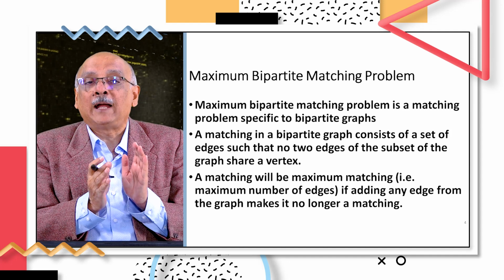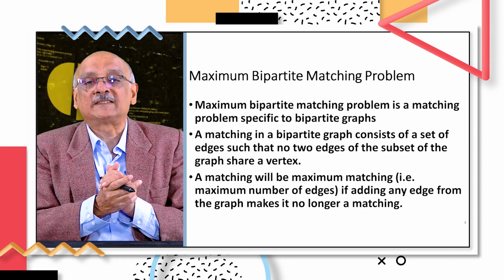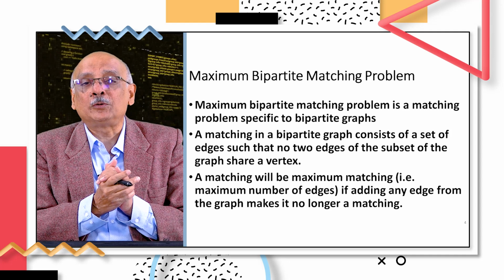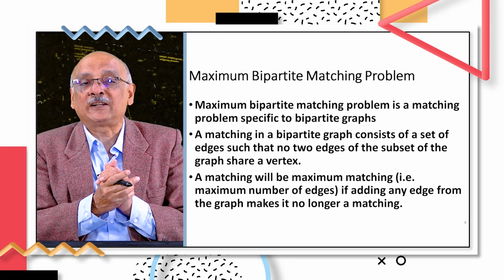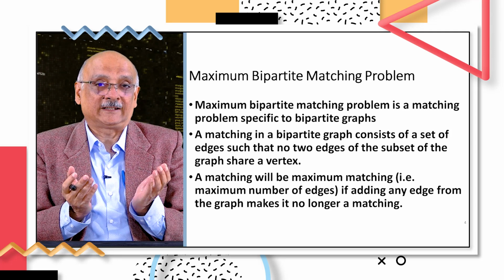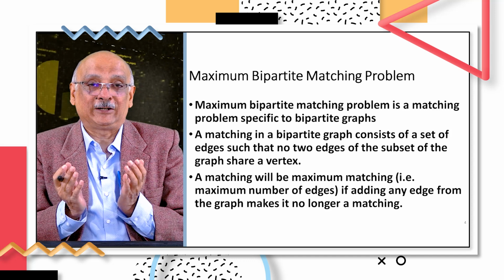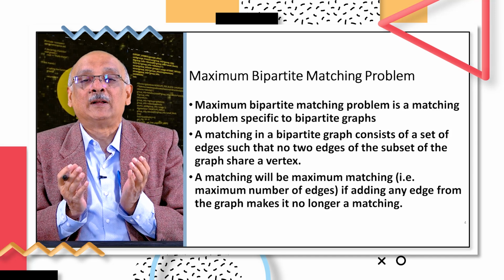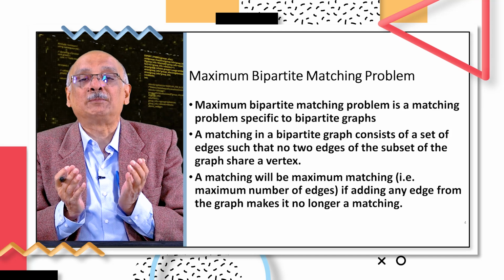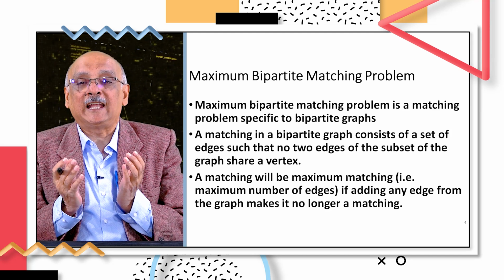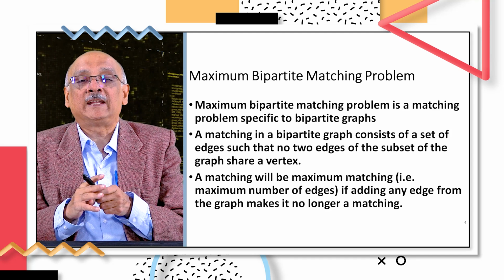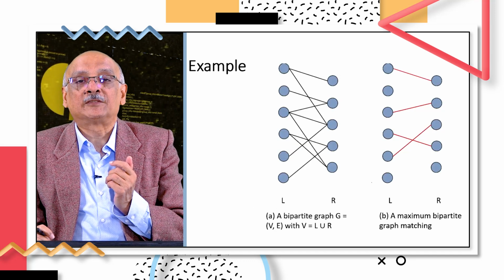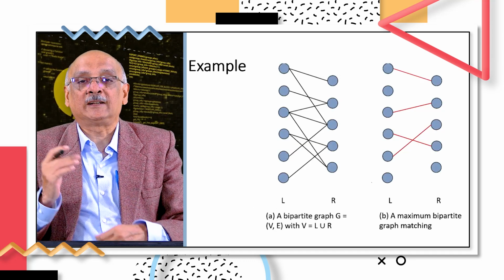A matching in a bipartite graph consists of a set of edges such that no two edges of the subset of the graph share a vertex. So, no sharing of vertex. A matching will be a maximum matching, that is, with the maximum number of edges, if adding any edge from the graph makes it no longer a matching.